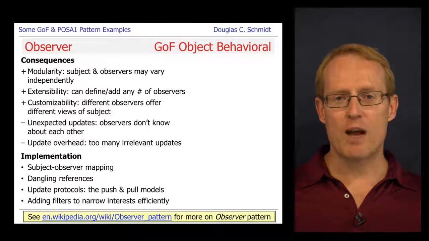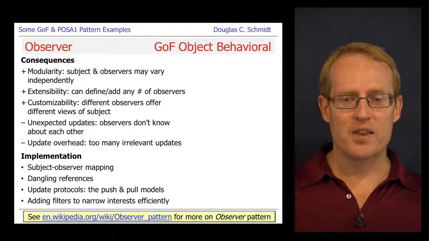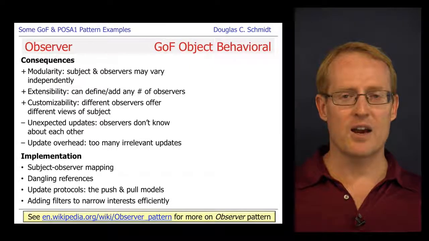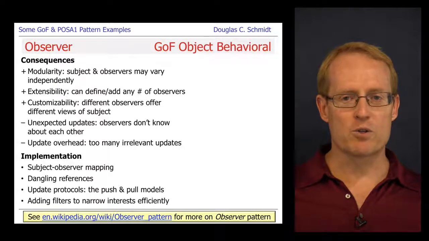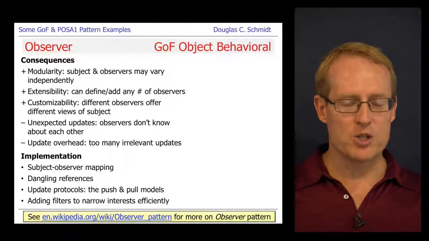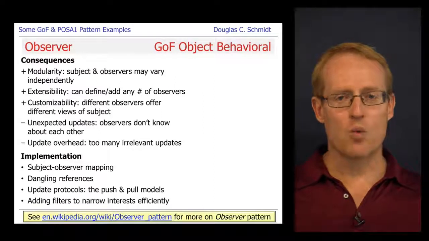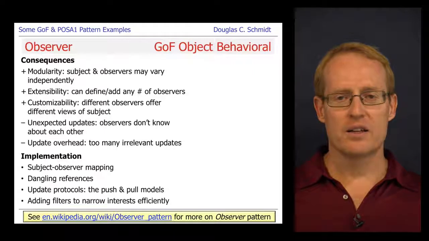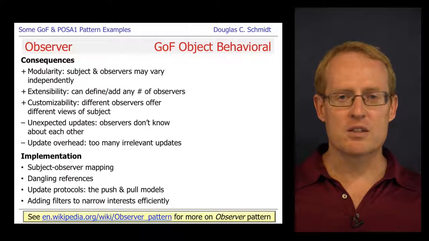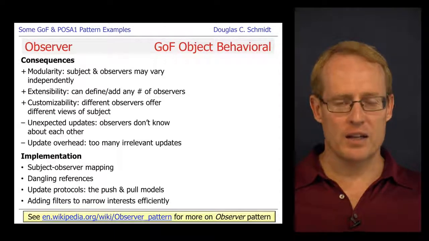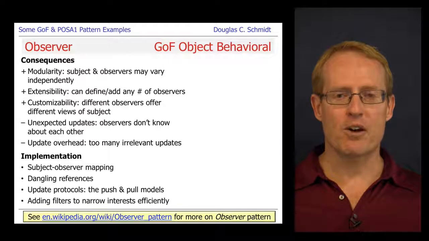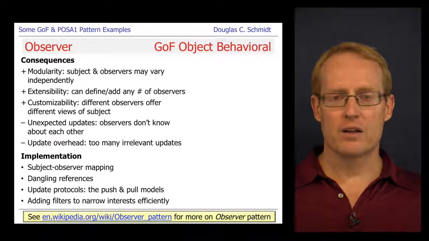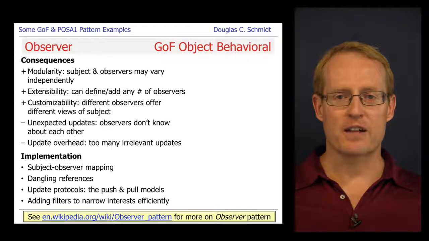With publisher-subscriber, it's almost always the case that you're going to have some filtering put in there so that not all observers receive all of the messages, all the updates that are generated when a subject is notified. And we'll talk more about that when we talk about the publisher-subscriber pattern later. But the point here is that this is a very rich pattern. Knowing the structure and core interactions of the pattern are just the starting point for figuring out how to use this pattern effectively.